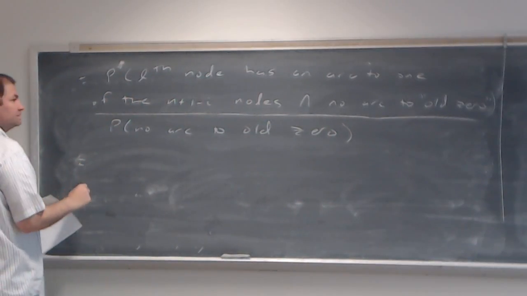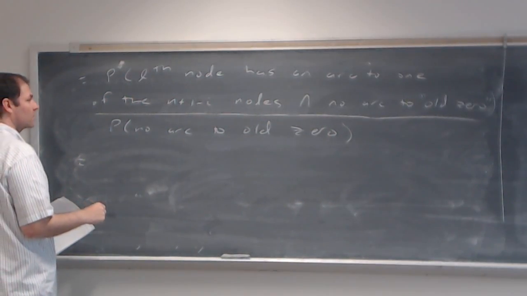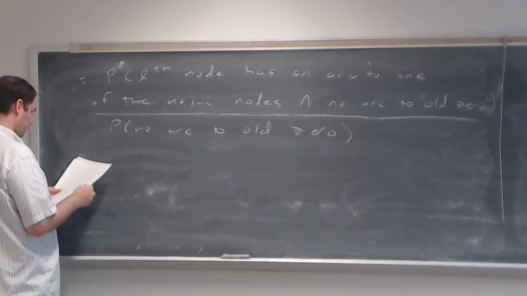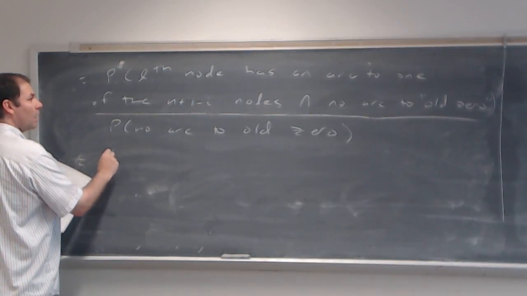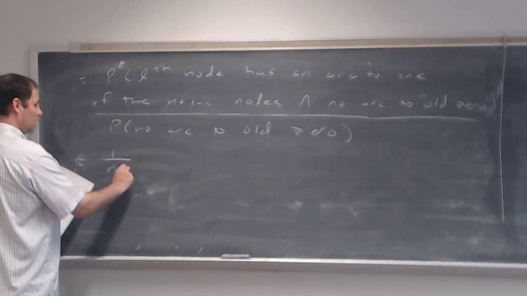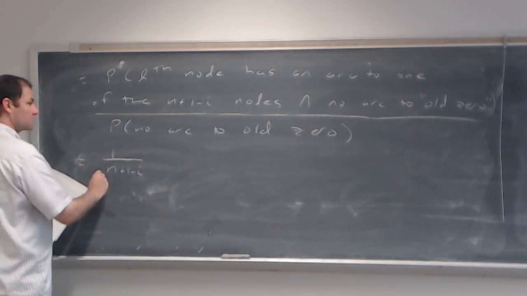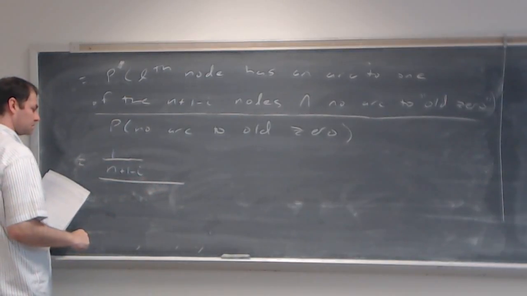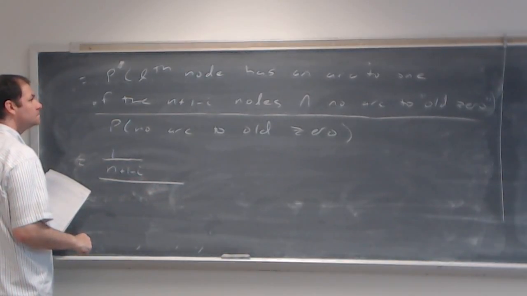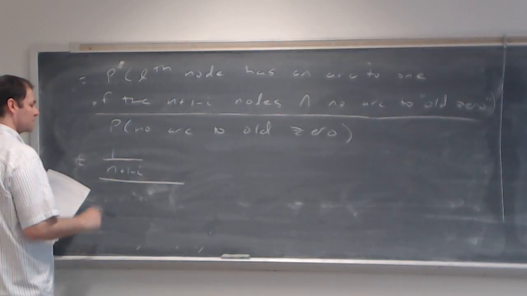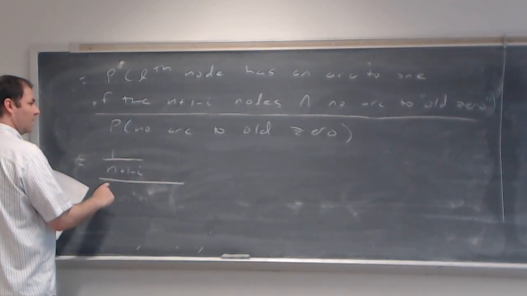And this is equal to 1 out of the n plus 1 minus I arcs to a particular node, okay?